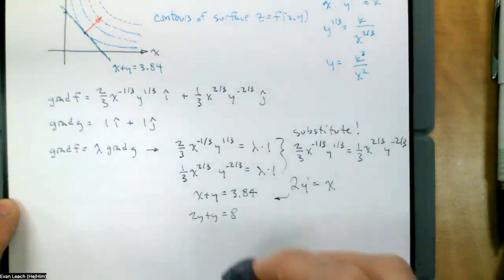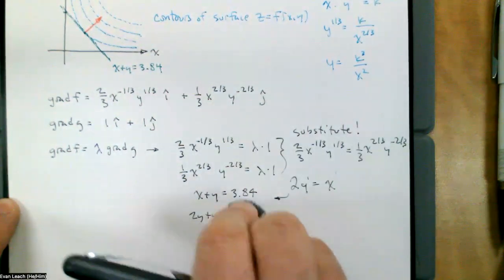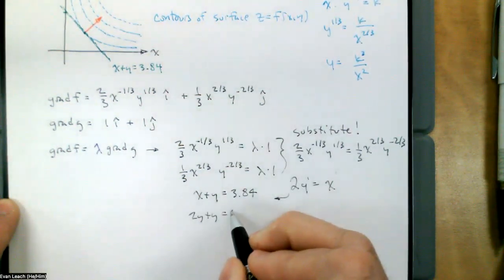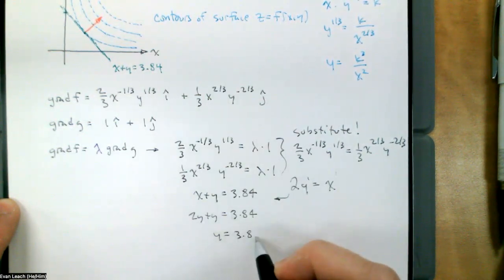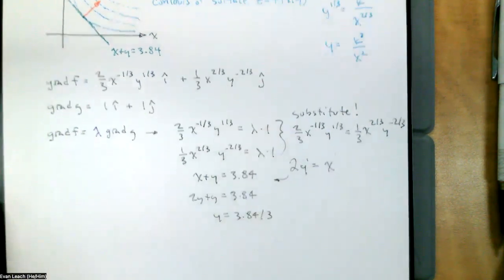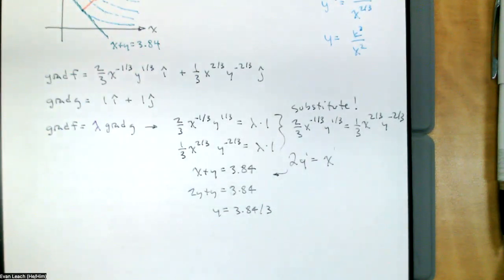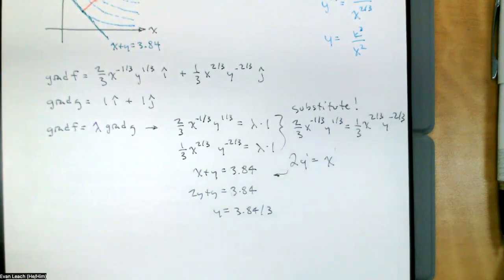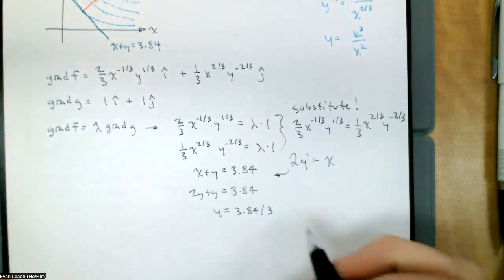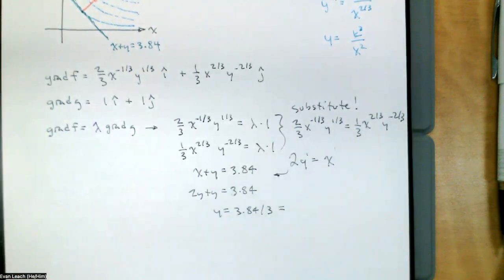Oops, although I spelled 3 wrong. And whatever 3.84 divided by 3 is.